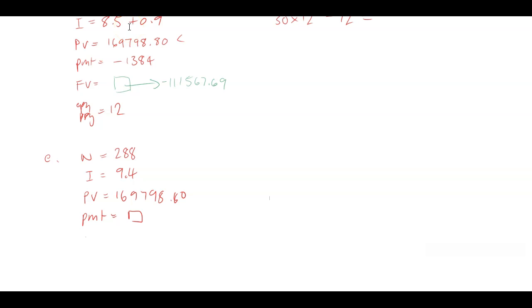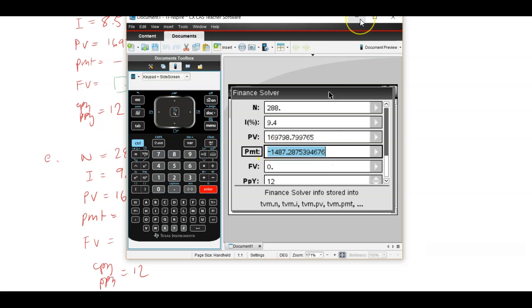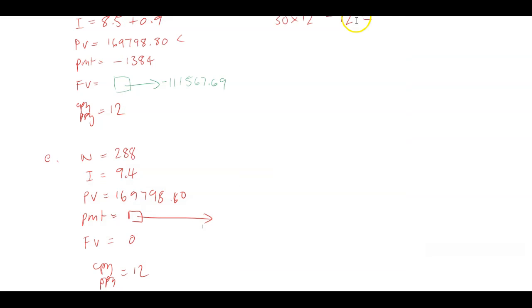We're just going to adjust the payment. FV is 0 because they want us to finish it. And this is 12. So this will work out the amount that they will have to pay if they want to finish it in the 288. So instead we're going to go 0 there, and we're going to leave this as the unknown variable. So they have to increase their payments by the looks of it to 1487.29.